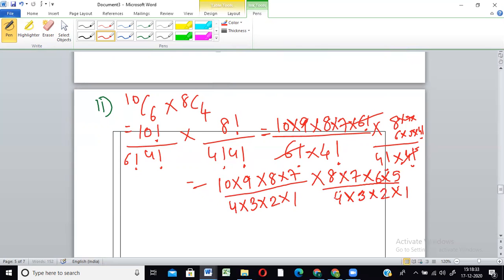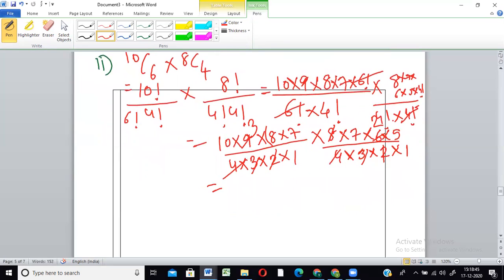Whatever you can, cancel. 4 twos are 8, cancel. 3 ones are 3, 3 twos are 6. 4 twos are 8, 3 ones are 3, 3 threes are 9. Now 10 into 3 into 7 into 7 into 2 into 5. So when you multiply all things, we get the final answer as 1414700. That's for the second case, alright? When 6 women and 4 men were a part of the committee.